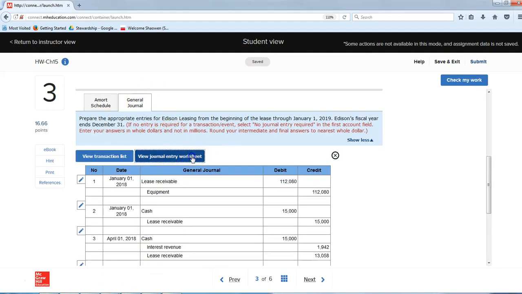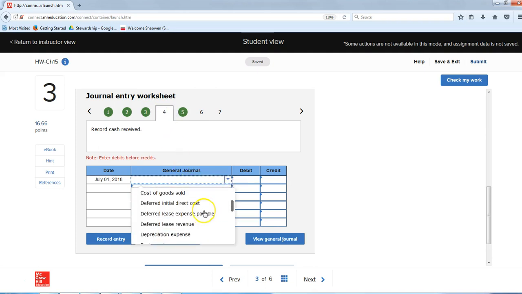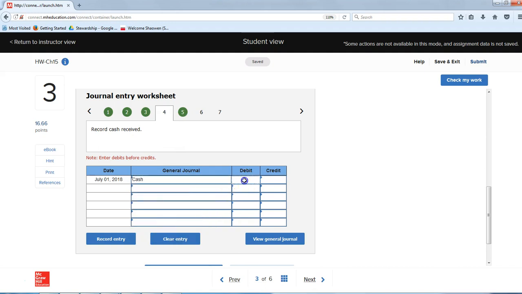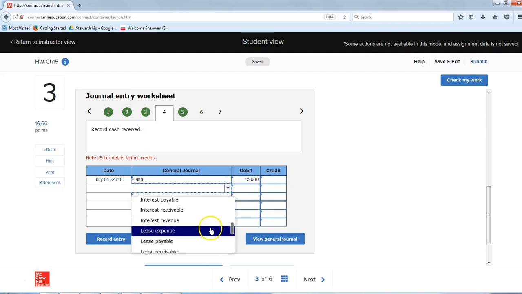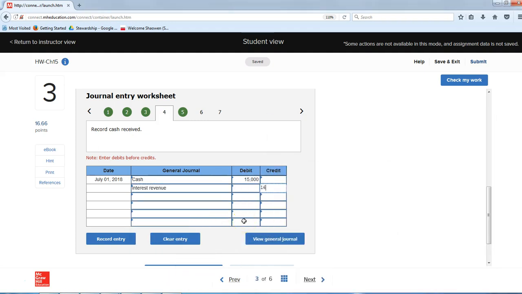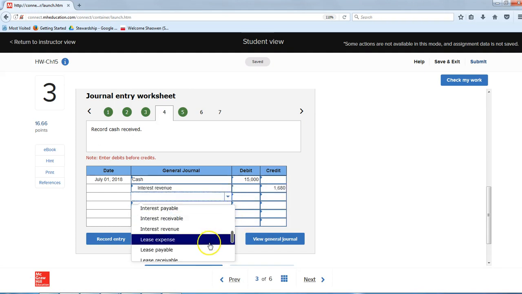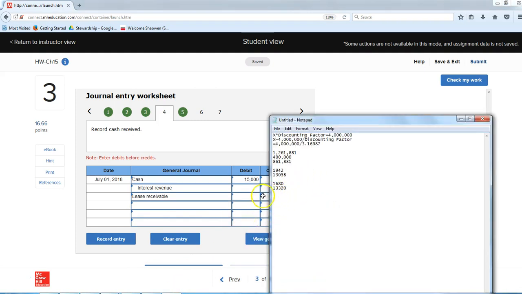So for the July 1st journal entry, we have cash of $15,000, and interest revenue and lease receivable of 13,320.